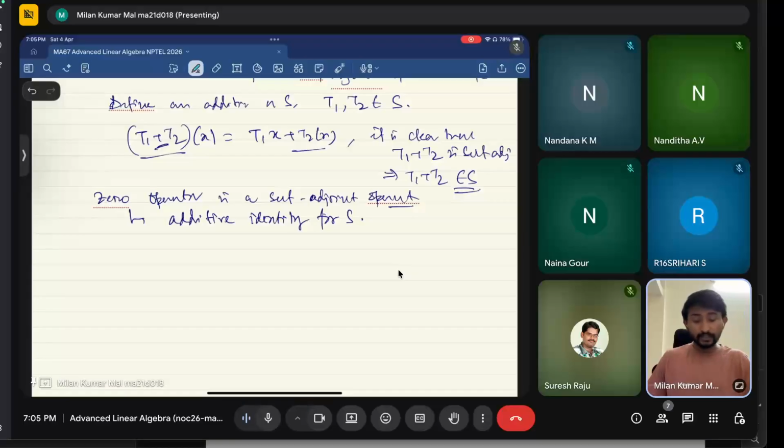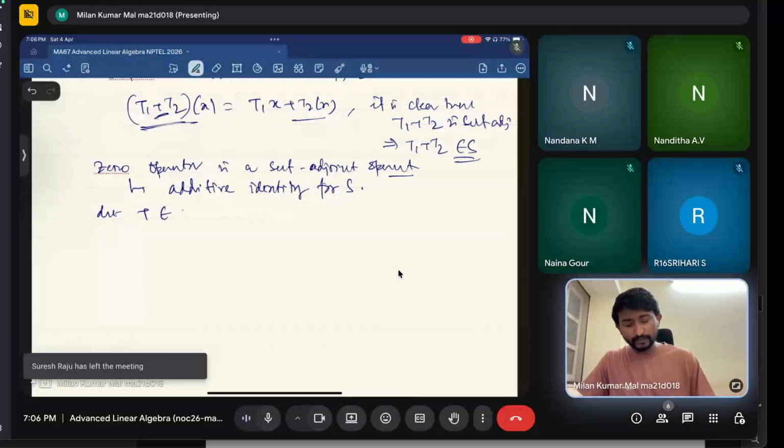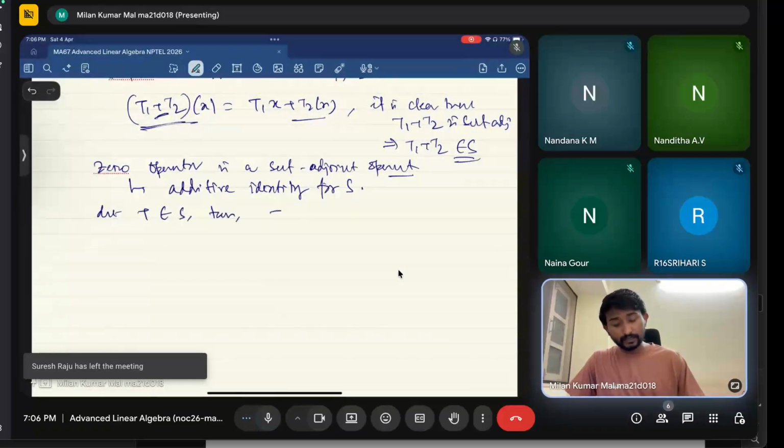Second, that if T1, T2 are there, T1 plus T2 has to be there. Then I have to check whether the additive identity is there or not, that's the zero operator, and I have to check that for every element there is an inverse. This is the last condition. We need to let T belong to S. Then minus T is again a self-adjoint operator.